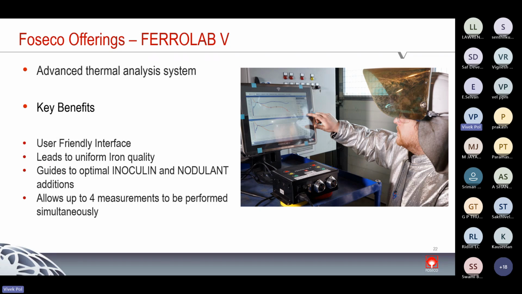So all these readings we can check, and accordingly we can optimize the additions of inoculant as well as ferrosilicon magnesium alloys. So this device we should use for regular production, and maybe after a certain period of time, the foundryman can get to know what parameters I should maintain, like what charge mix and other parameters.